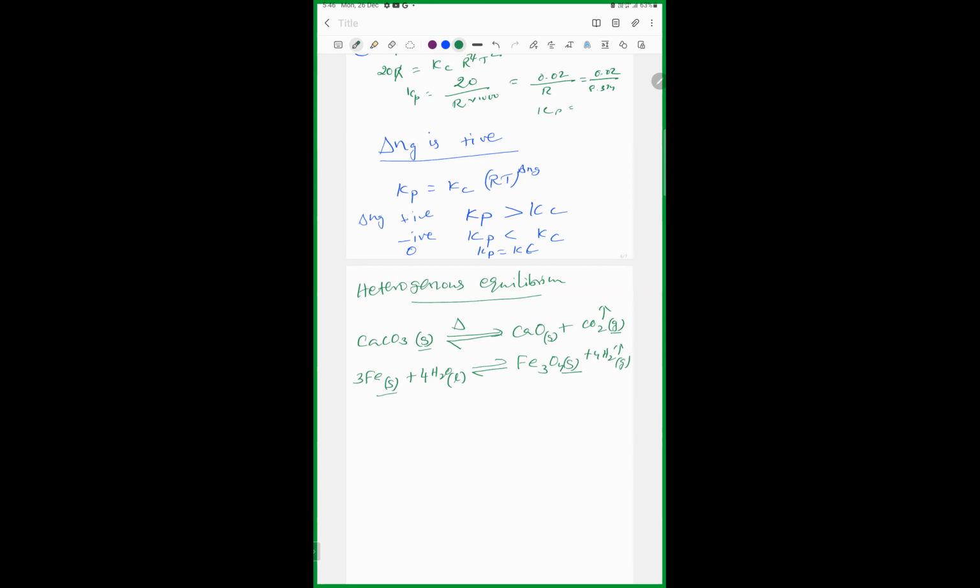On the basis of the stoichiometric equation, applying the law of mass action, you tell me what is the Kc value for the first equation?